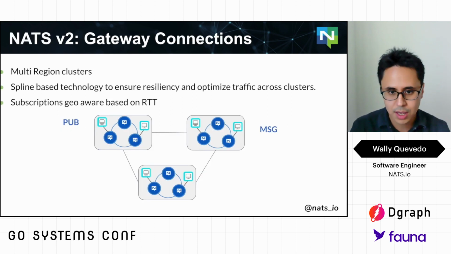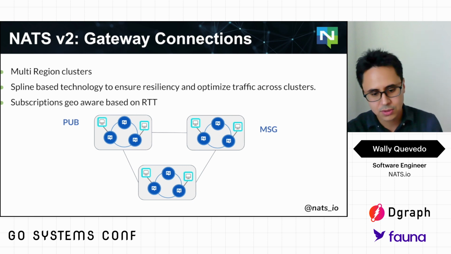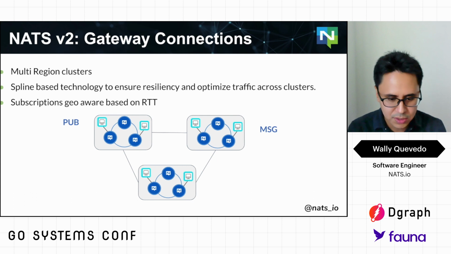And all of those building blocks can also be put to use in a multi-region setup using the gateway connections. So in case you have the same accounts and the same subject namespaces within different regions, you can use those gateway connections and connect those clusters.